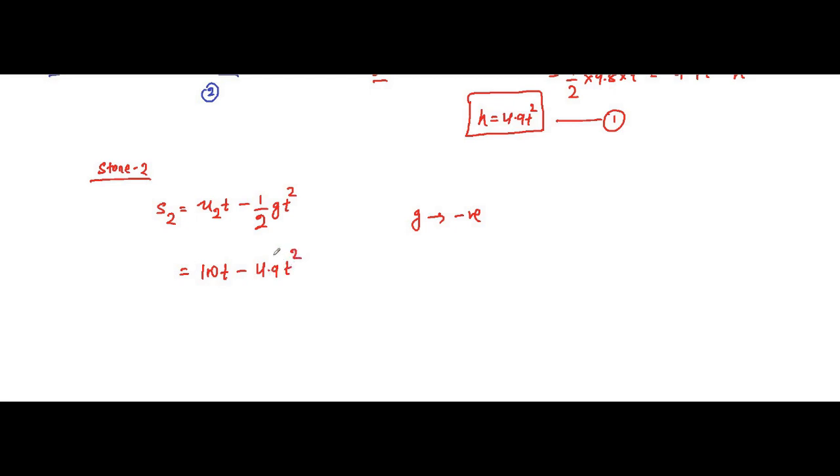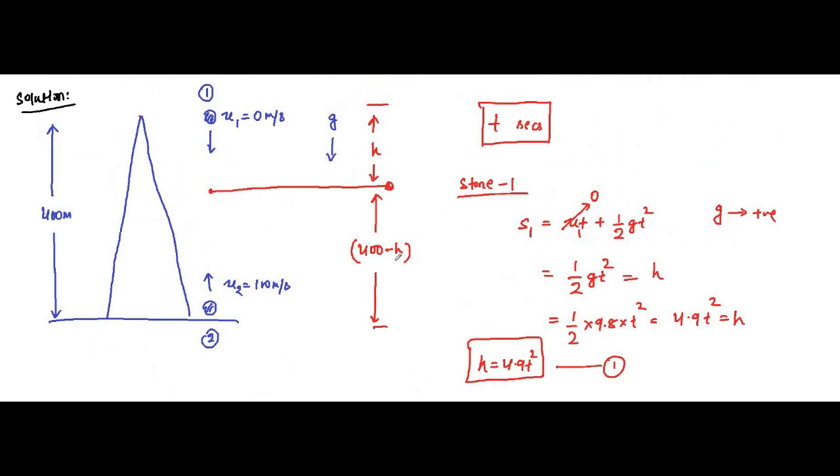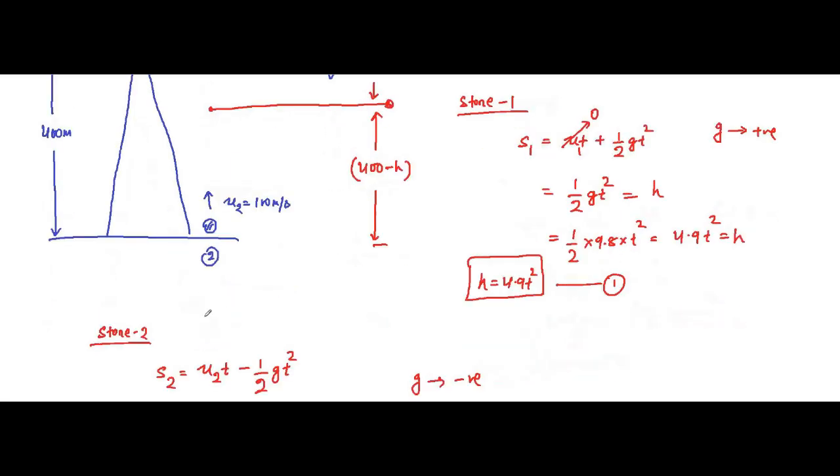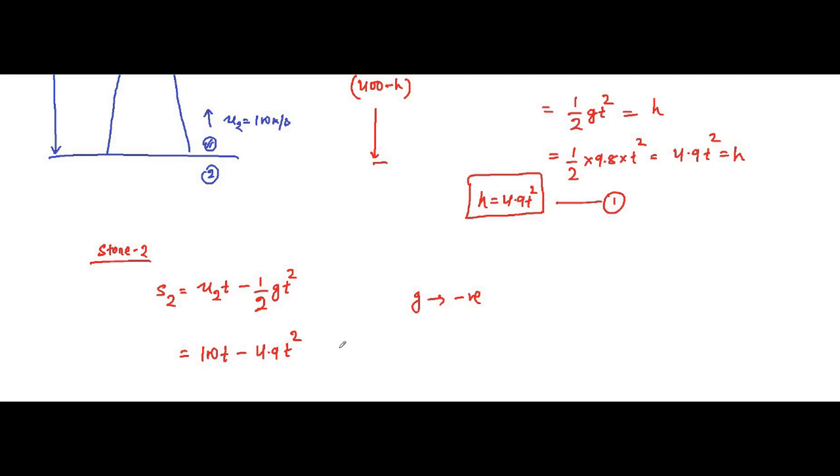Now for the two stones to meet, 400 minus h should be the distance traveled by stone 2. Substituting the value of h, S2 is 400 minus 4.9 t square.